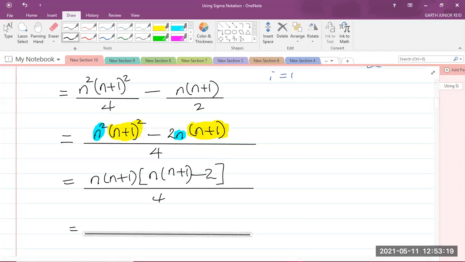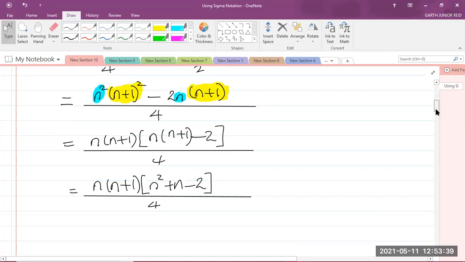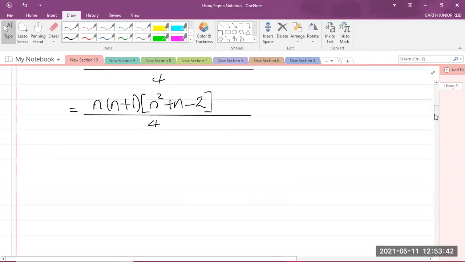So let me now simplify. So this is now over 4 in the denominator, and I now have n times n plus 1. When I multiply the n times the n plus 1, I get n squared plus n, and remember, we have the negative 2 there. We can go one step further because we can factorize the quadratic expression.